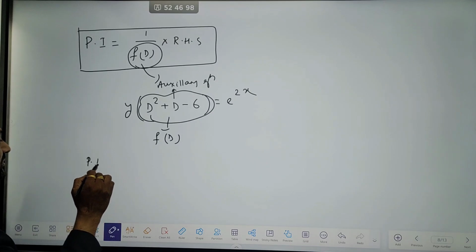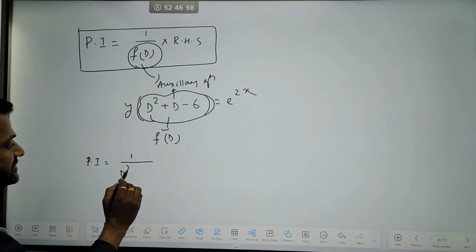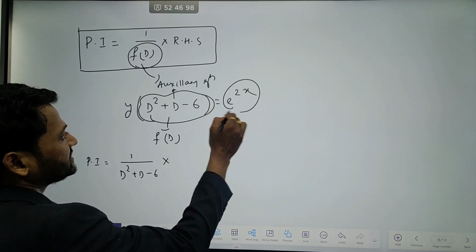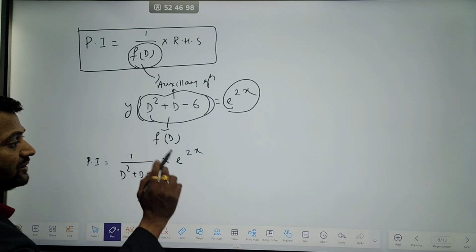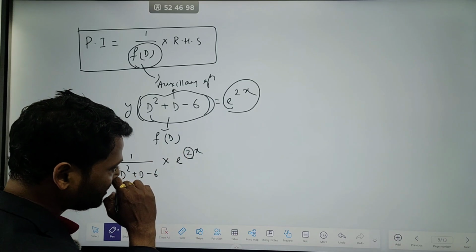So PI will be 1 by f of D, which is D square plus D minus 6, into the RHS of this function, e to the power 2x. Clear? Now you take the coefficient of x. What is the coefficient of x here? 2.